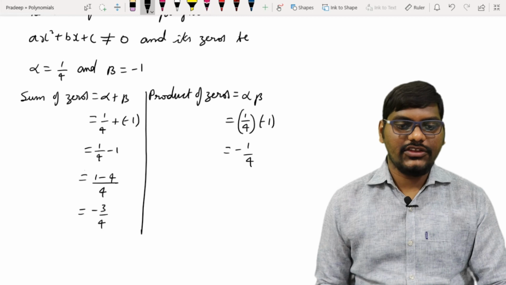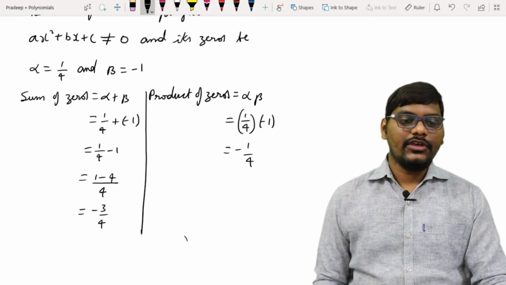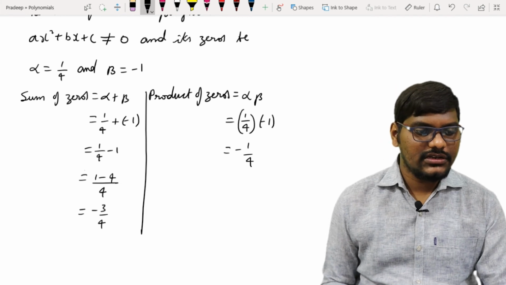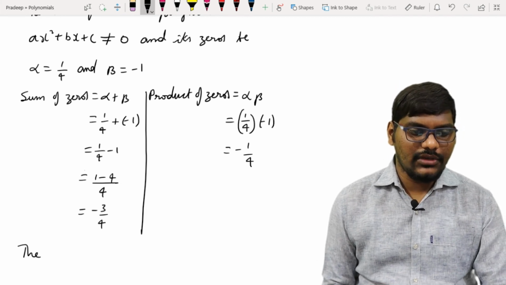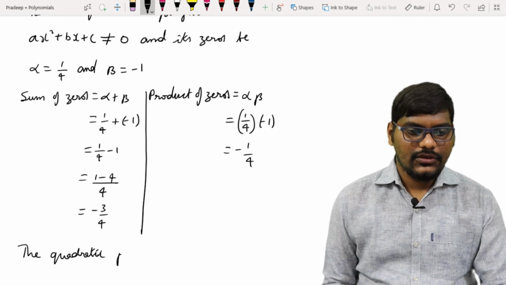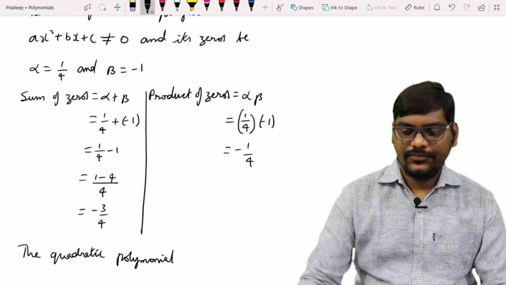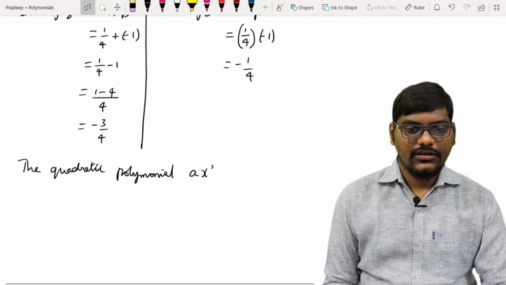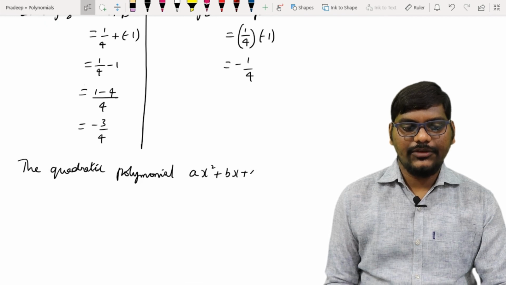So let's take this in the quadratic form, where the sum and product are given. So the form, the quadratic polynomial, what is the polynomial for quadratic? That is ax square plus bx plus c.